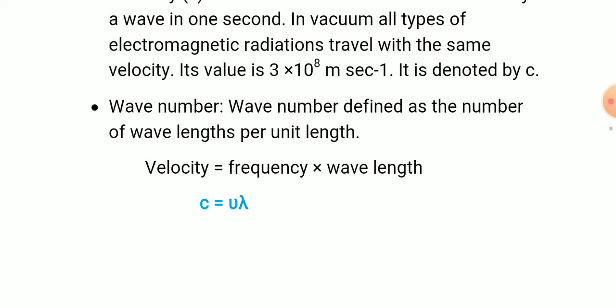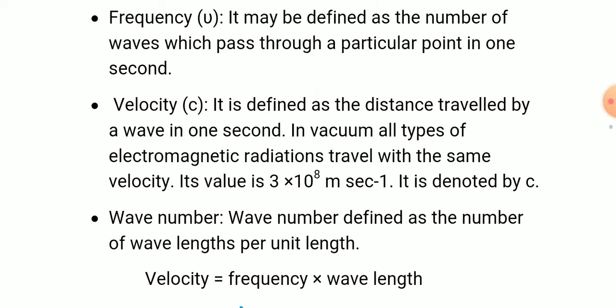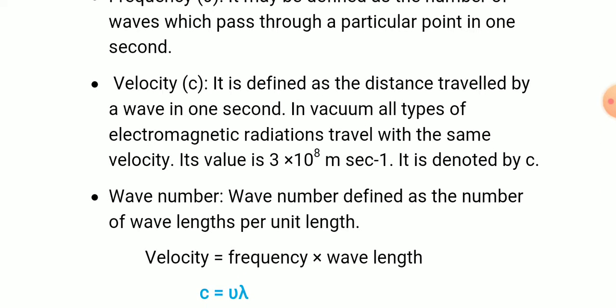According to Maxwell, if a body emits or absorbs energy, it does so continuously, not discontinuously. Later the scientist Planck stated that if a body emits or absorbs energy, it does so discontinuously, not continuously, just opposite of Maxwell.